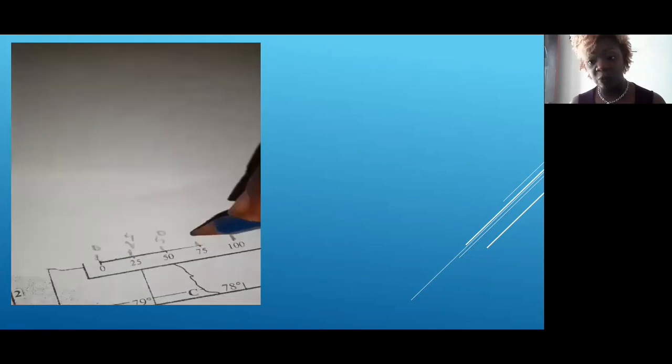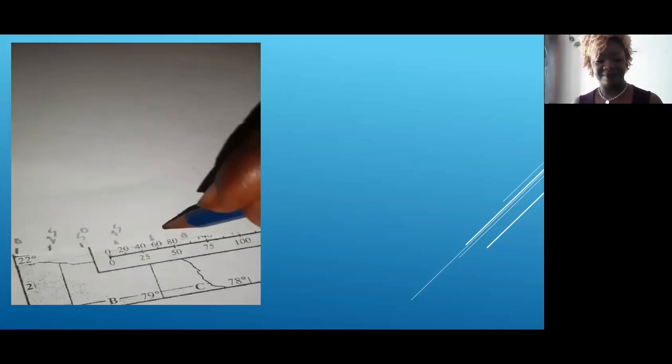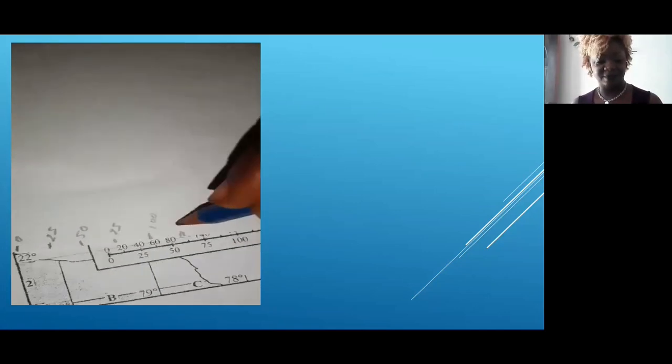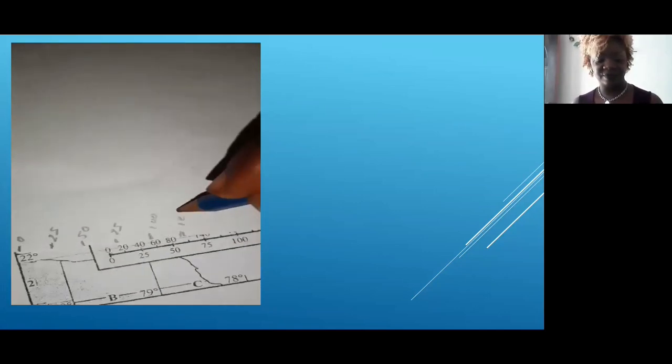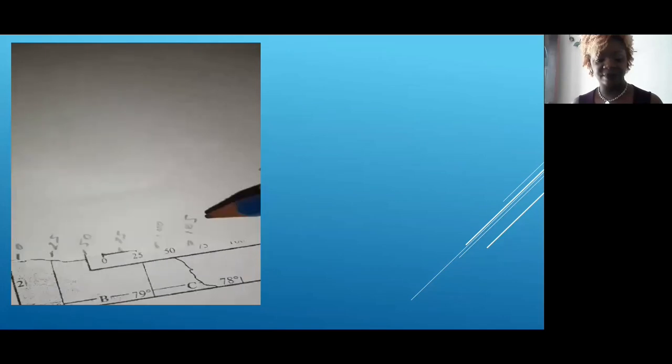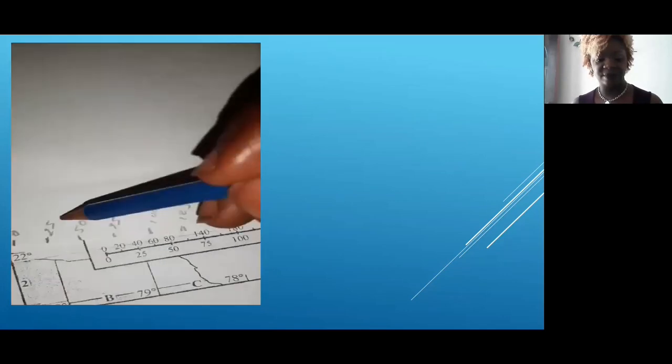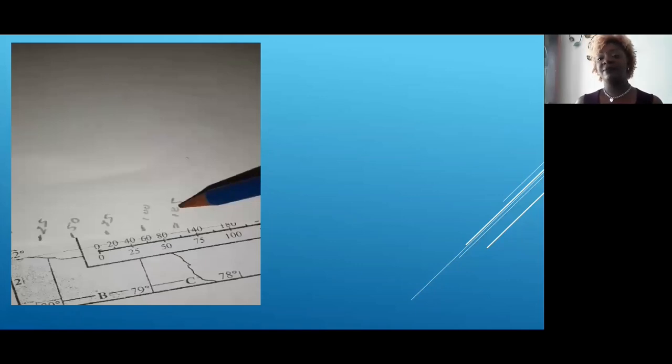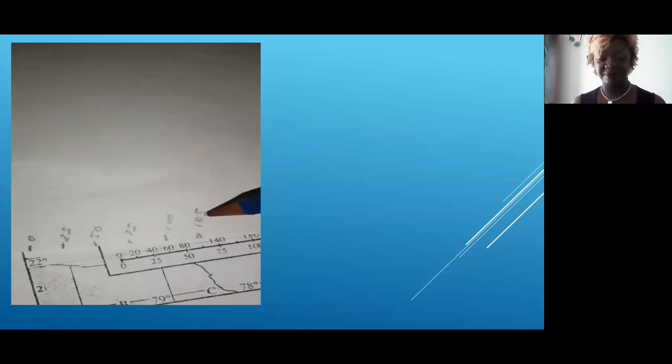Make sure the label and the marking measure up to the same place so your measurement won't be off. It's very important. Keep the pattern.